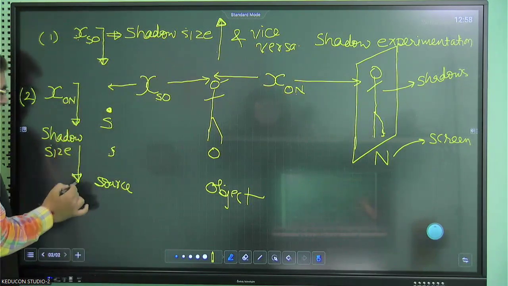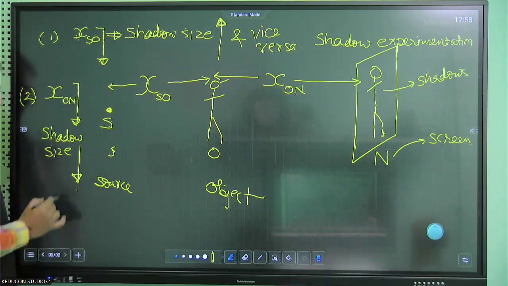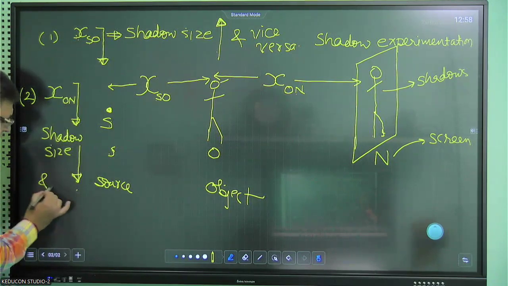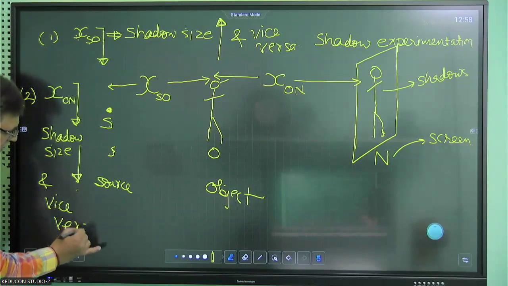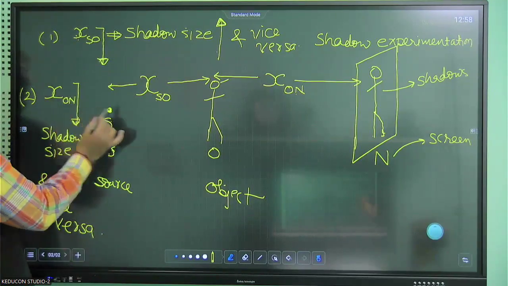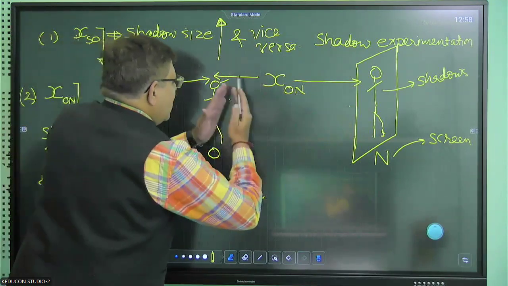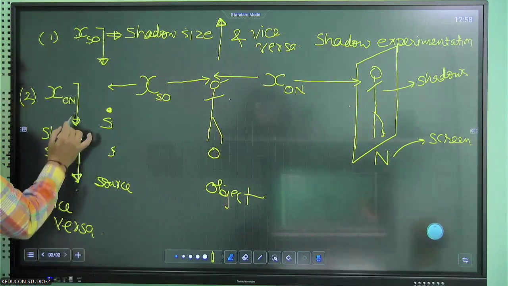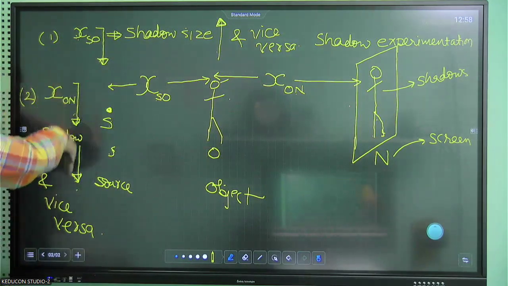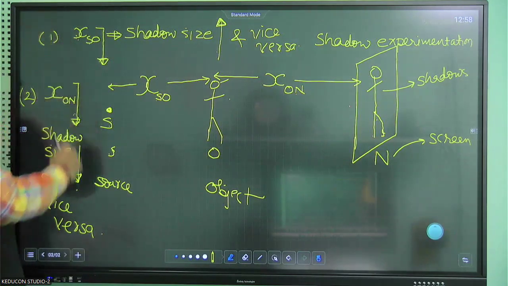Here, both arrows are in the same direction. Also, you have to remember here and vice versa. That means if this particular gap is increased, shadow size will increase. Both arrows should be in the same direction, either both downwards or both upwards.